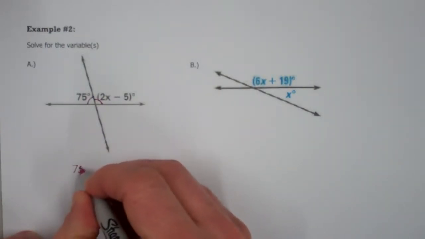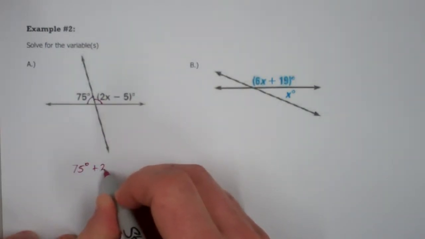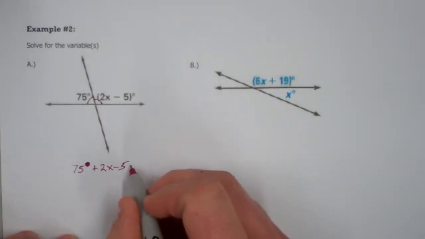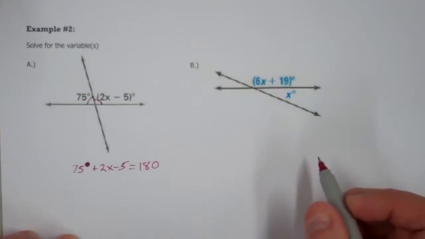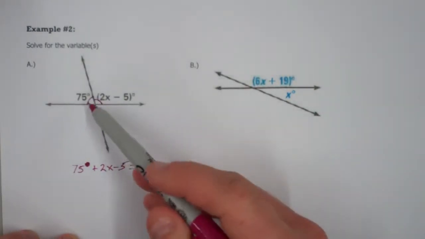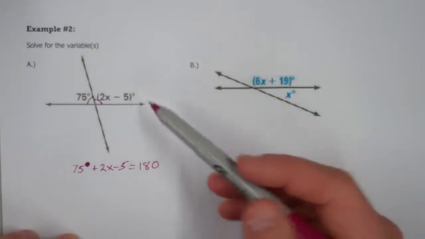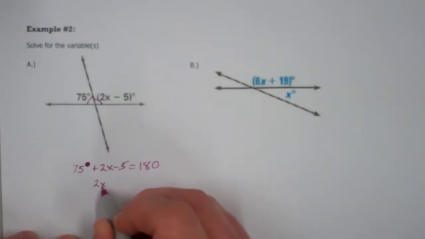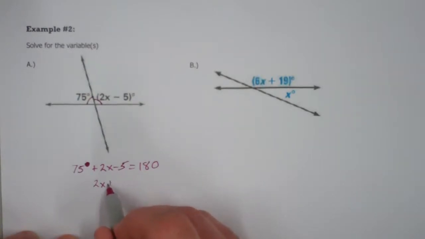So we know that 75 degrees plus 2x minus 5, and we'll just get rid of the degrees because everything's in degrees here, is equal to 180. Alternatively, you could take 180, subtract 75, and set that number equal to 2x minus 5, and that'd be fine. If we combine like terms, 75 and negative 5 is 70.